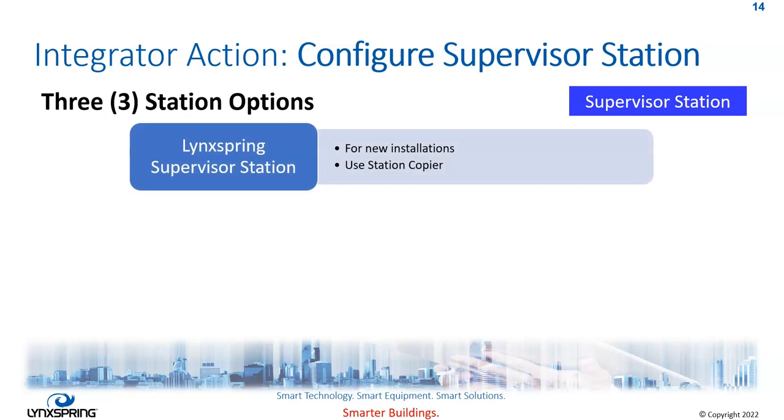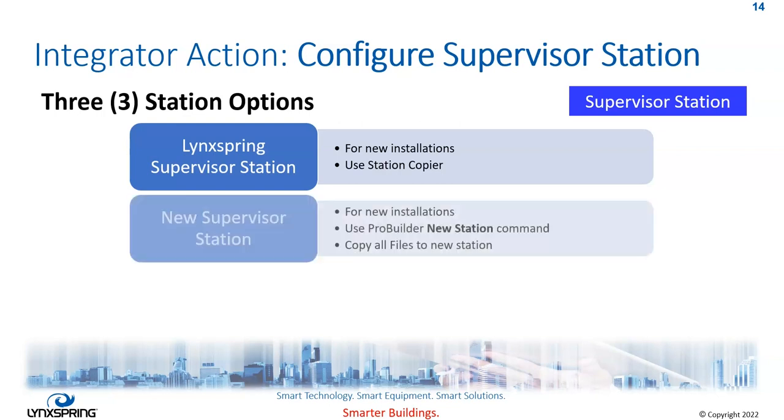So if we have a new installation, all we need to do is use the platform station copier. That's because the standard station is already set up with the necessary files and folders that we need. The bottom line here is you want to make sure you use station copier only when there's a new installation.